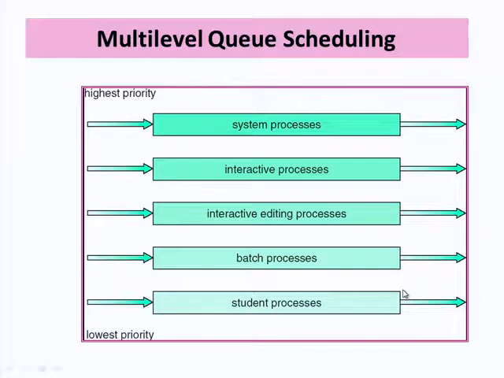One queue is enough. But if these times are different, then I'm favoring the first queue by giving it more time to serve. Say that I'm going to serve this queue for 500 milliseconds, this queue for 300 milliseconds, this one for 50 milliseconds, and so on. So you're giving more time to serve certain queues than the others.